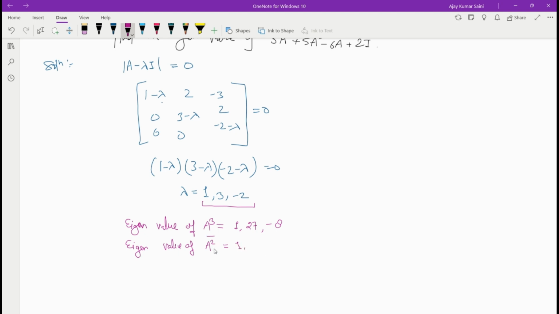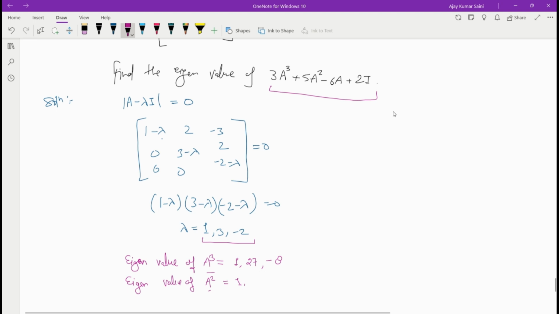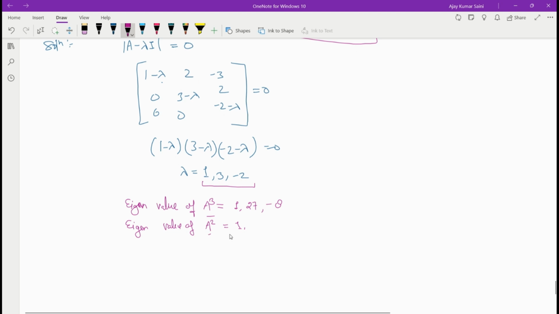I am doing this according to the expression, because I need to find A cube, A square, A and I. The eigenvalues of A are the same, 1, 3 and minus 2.